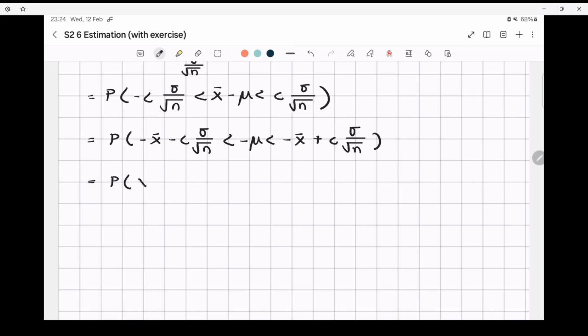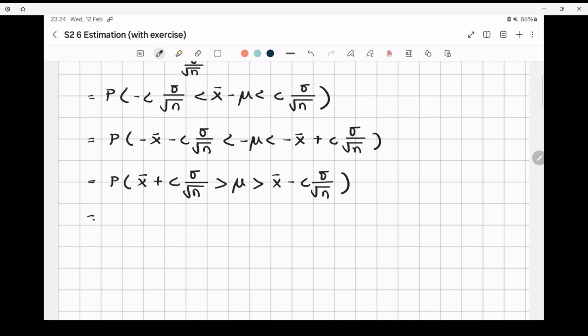So you have x bar plus c sigma divided by square root n, mu, and then x bar minus c times sigma divided by square root n. So you rearrange the order because the right side has to be bigger than the left side.